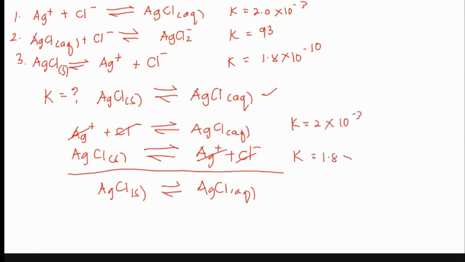This one is 1.8 times 10 raised to negative 10. Denote natin as K1, K3, and this one is K4 kasi ito yung K2. Tapos K4 yung unknown. Paano natin kukunin yung K4? Multiply natin yung K1 and K3. So, yun. Ano yung value? 3.6 times 10 raised to negative 13, ma'am. So, naalala guys?